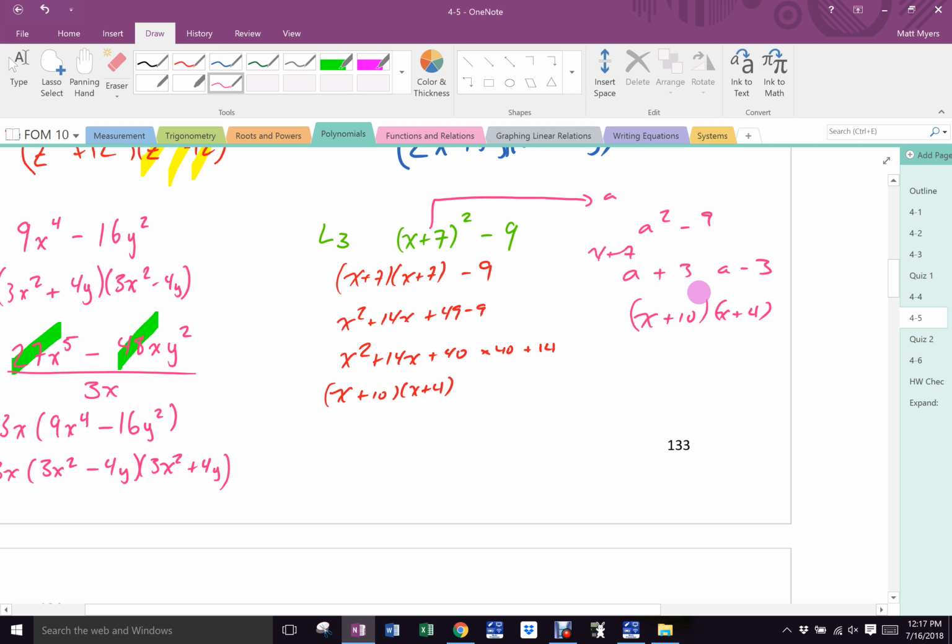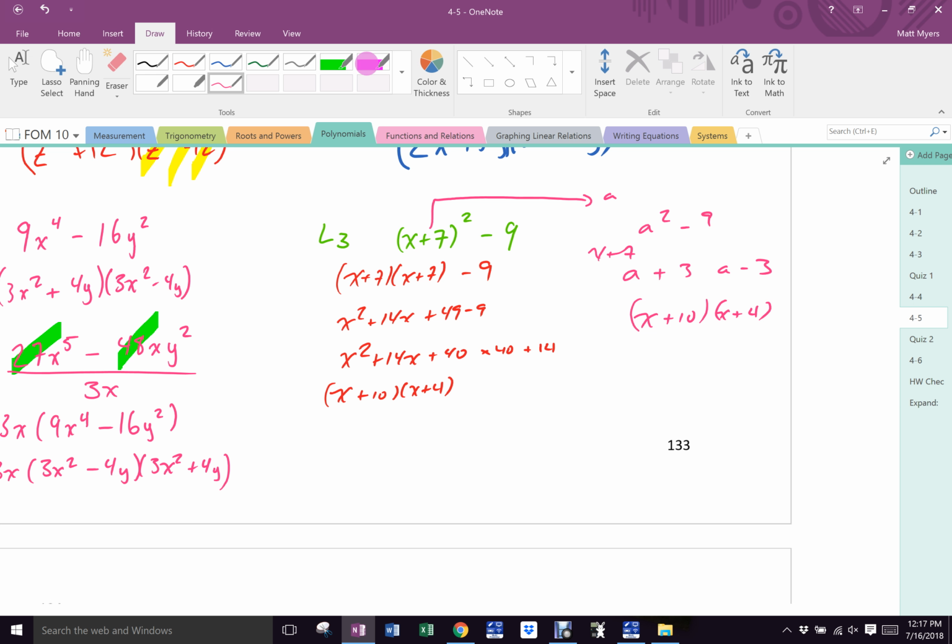Much faster, much tidier. Do I care which one you use? No. But if you do the red one and you're bad at expanding, you're going to get the wrong answer. If you use the pink one, you really can't get the wrong answer, because all you've got to do is add or subtract. Okay?